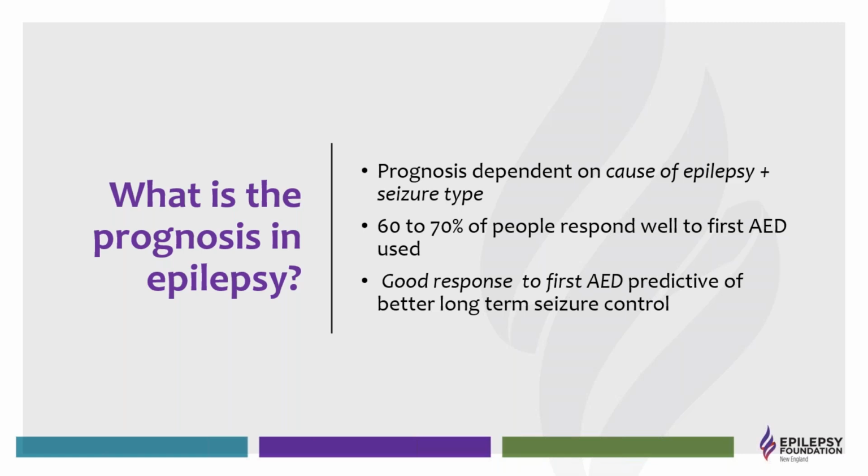So if we can determine an underlying cause, we depend on that. But we still see between 60 and 70% of people responding well to that first medication. I'm combining that number I gave you of 47% on the first with subsequent treatments.